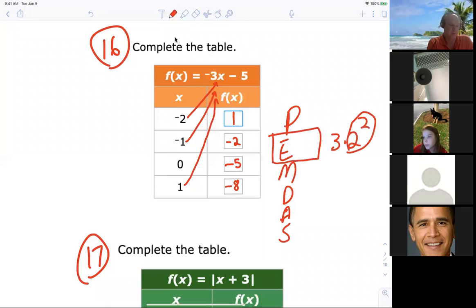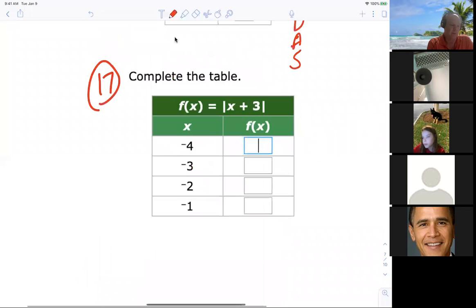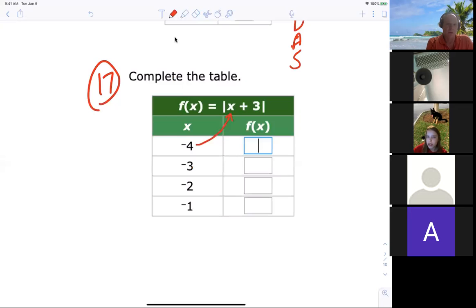Okay. All right, here we go. Plug in -4. What's -4 plus 3? -1. No, it's not positive 1.